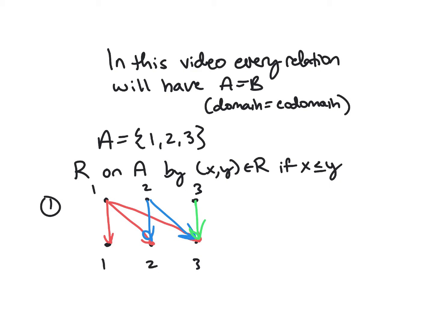Okay, but we can make this actually a little less complicated looking because both sides are the same. So what we can do is just draw 3 nodes, 1 for each. And so 1 is less than or equal to 1. We just draw an arrow back to itself, right? An arrow to 2 and an arrow to 3, right? 2 also less than or equal to itself, so we can draw that arrow.